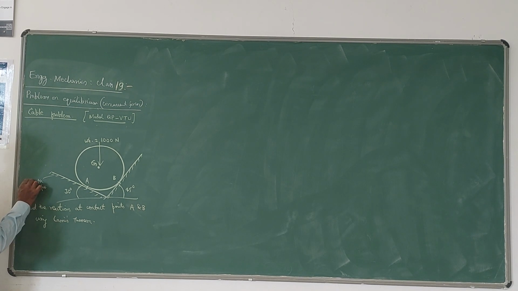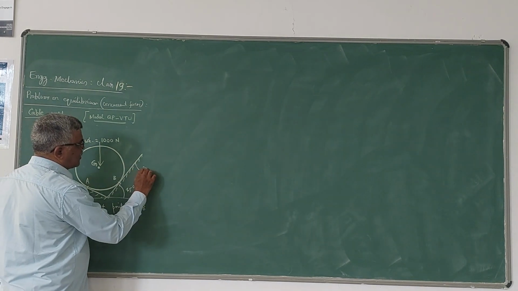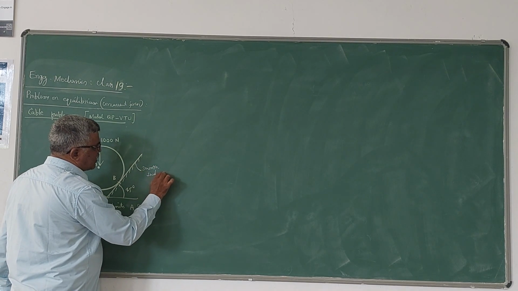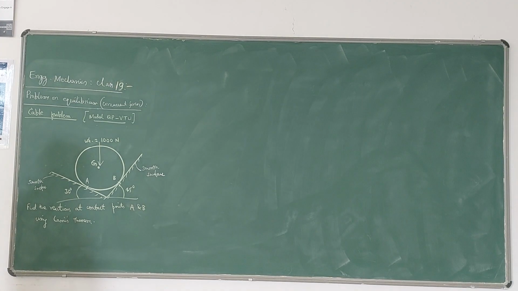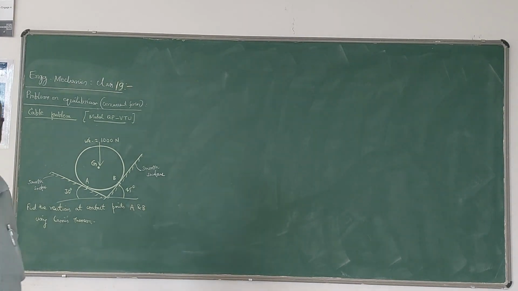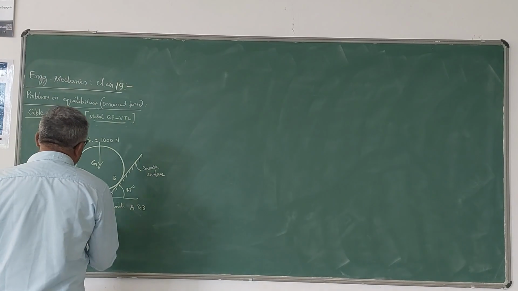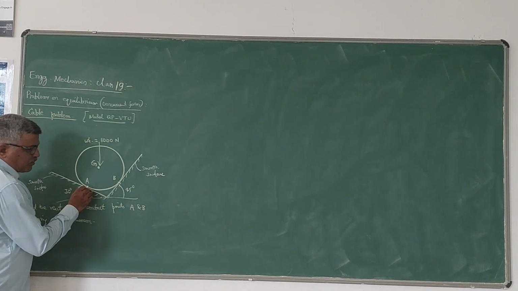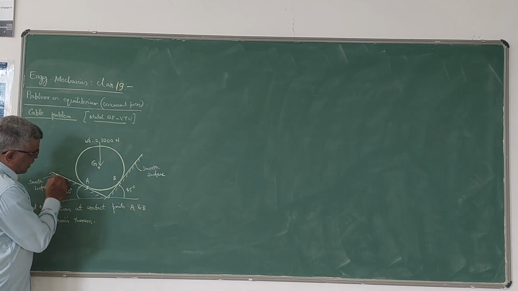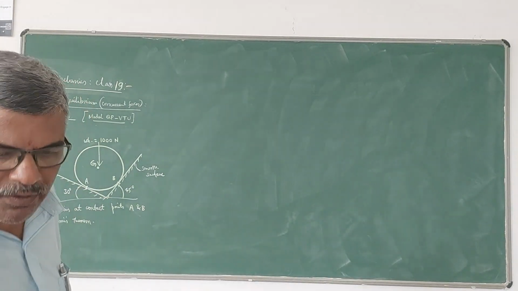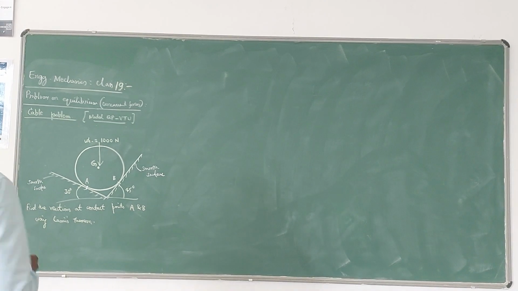When the surfaces are smooth, the reactions developed at the contact points will be normal to the contact surface. So that is very important. Here A is the contact point, so this is the contact surface. Whatever reaction develops at A, it will be at right angles, or normal, to this contact surface.